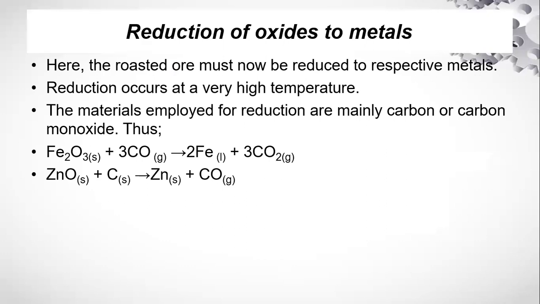So there you have it, the roasted ore of iron trioxide is reduced by the employed carbon monoxide, resulting in iron as the respective metal, plus carbon dioxide gas. The same goes for zinc oxide plus carbon, which results in zinc plus carbon monoxide gas. So from there you get the respective metals. That's how reduction of oxides to metals takes place.